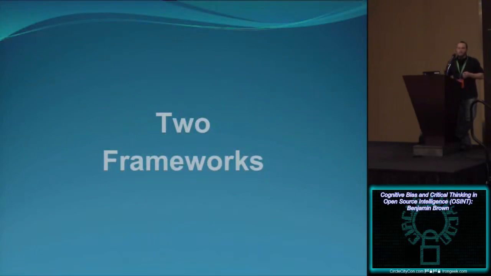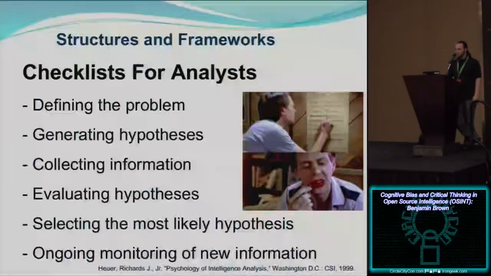There are 2 frameworks that have been developed for intelligence analysis by the military and by other government sectors that have been effective in their tests to really hedge the impact of cognitive biases during analysis.